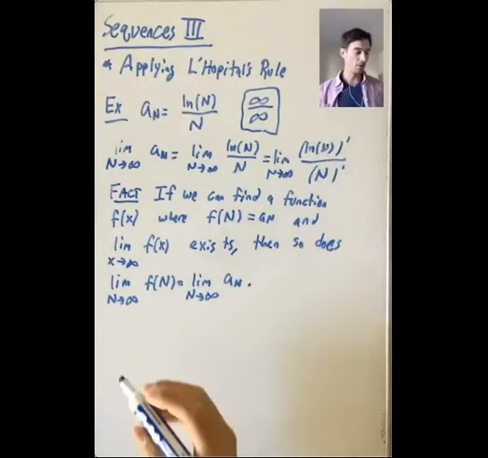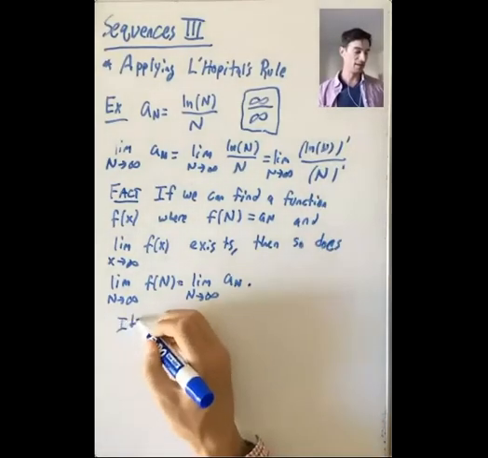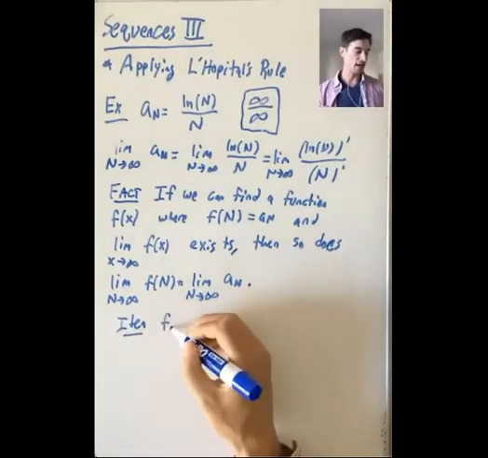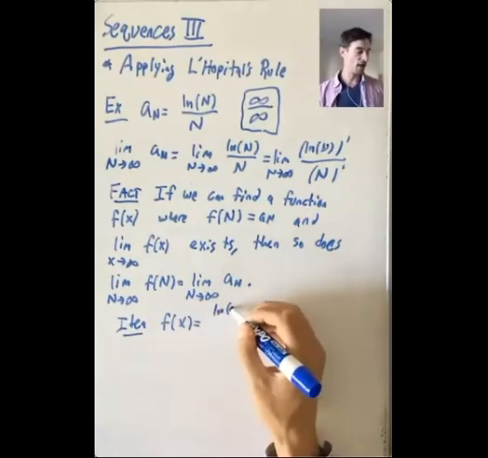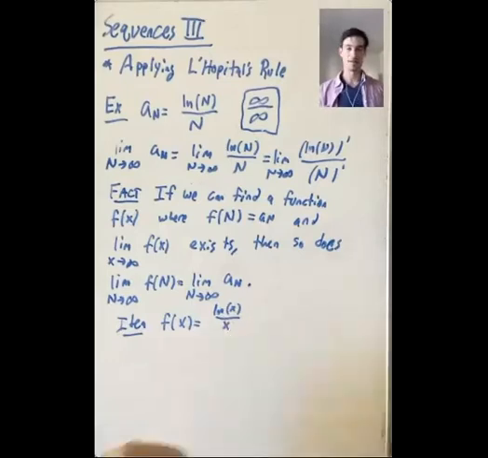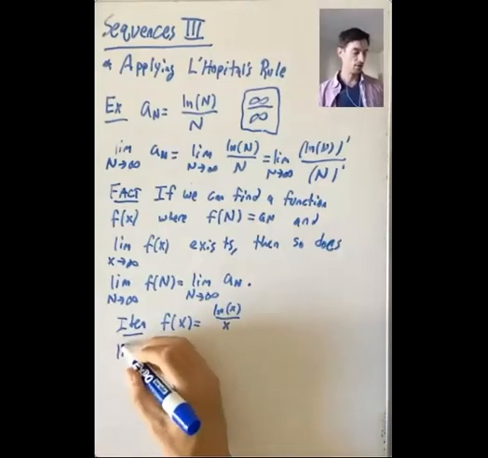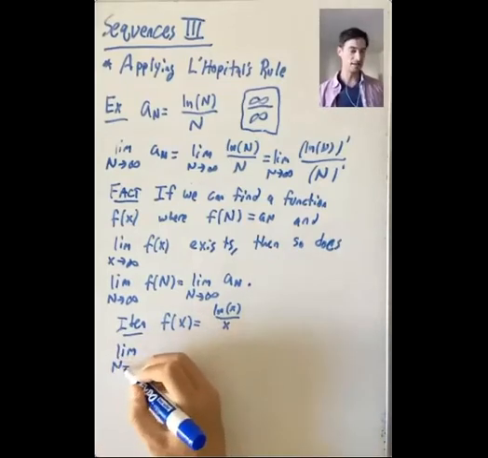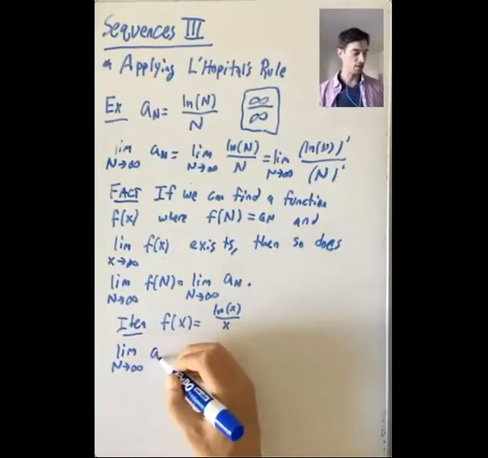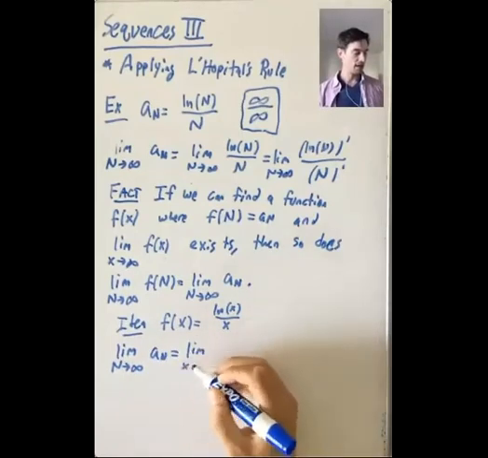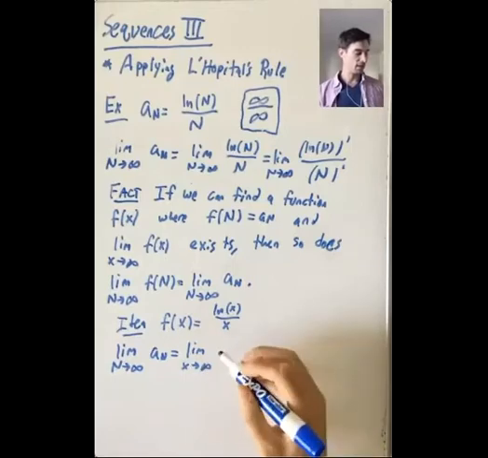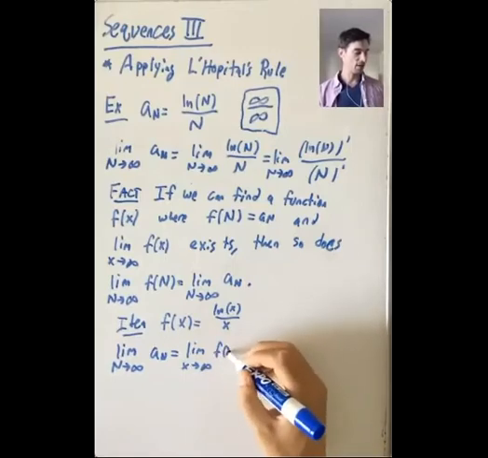But now the idea in this example is we just let f(x) be equal to natural log of x over x. And we know from this fact that the limit as n goes to infinity of a_n is the same as the limit as x goes to infinity of f(x).